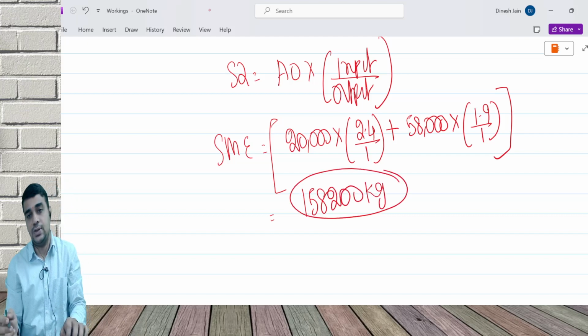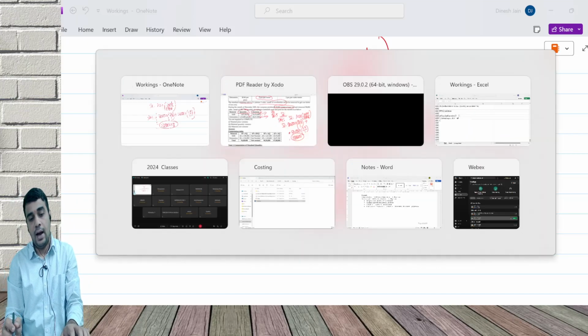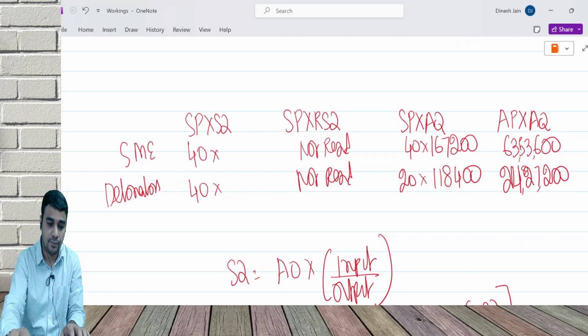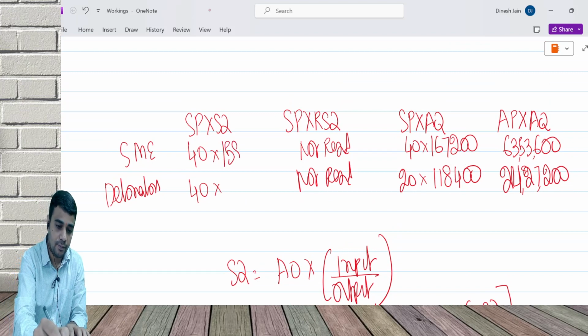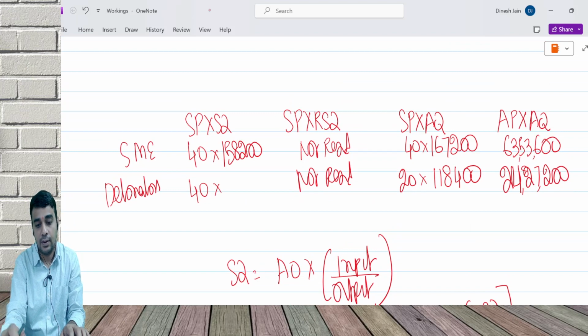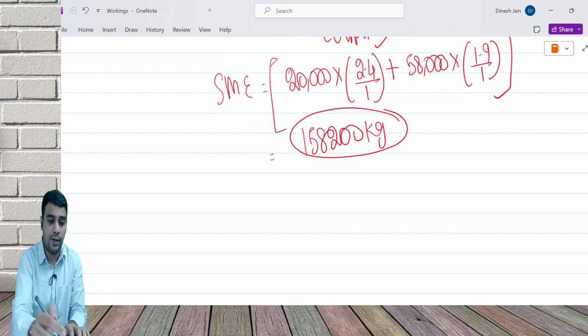This is measured in kg. Against this 158,200, we have used 167,200. That is what we have ended up using. We should have used 158,200. Any doubts on this? Clear? Let's do it for detonators then.